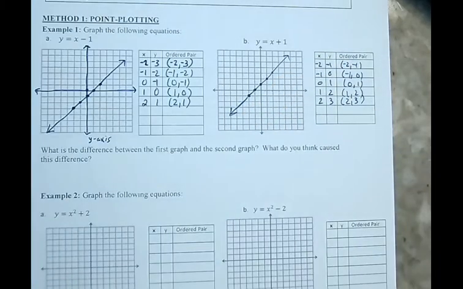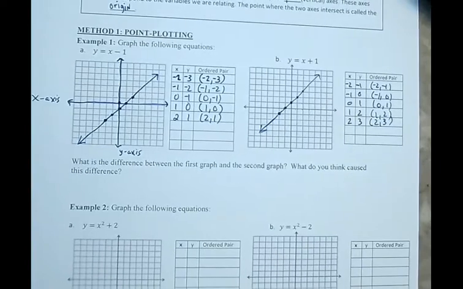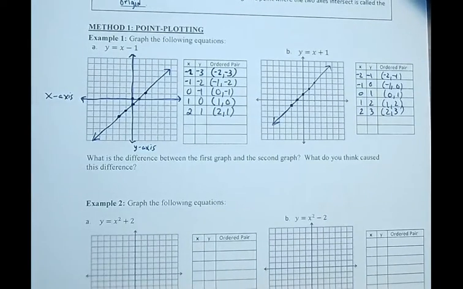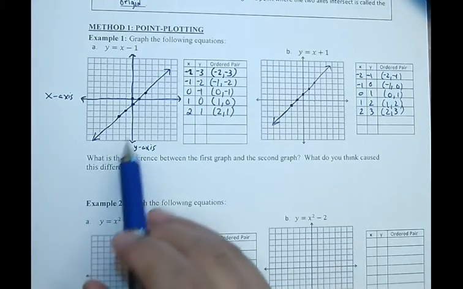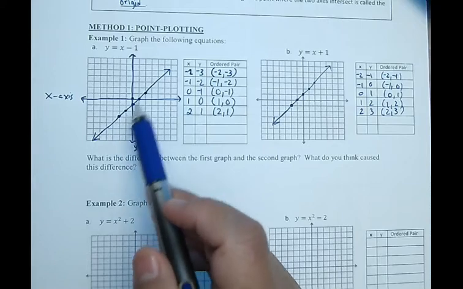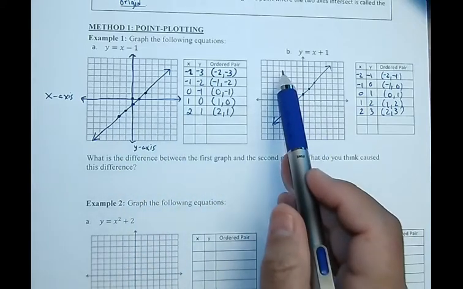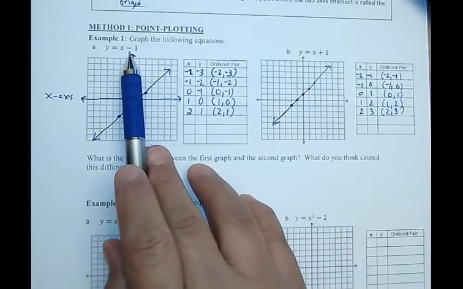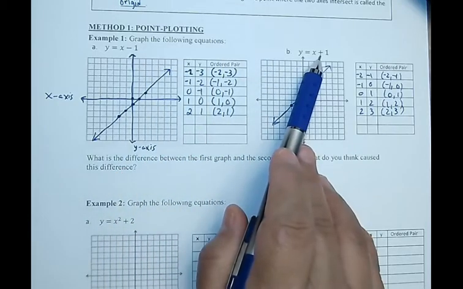So if we look at these two examples, what is the difference between the first graph and the second graph, and what do you think caused this difference? Well, if we look at the graph here, this looks a little bit lower than this one. This one looks higher. And if we look at the equations, the only difference is the -1 and the +1.